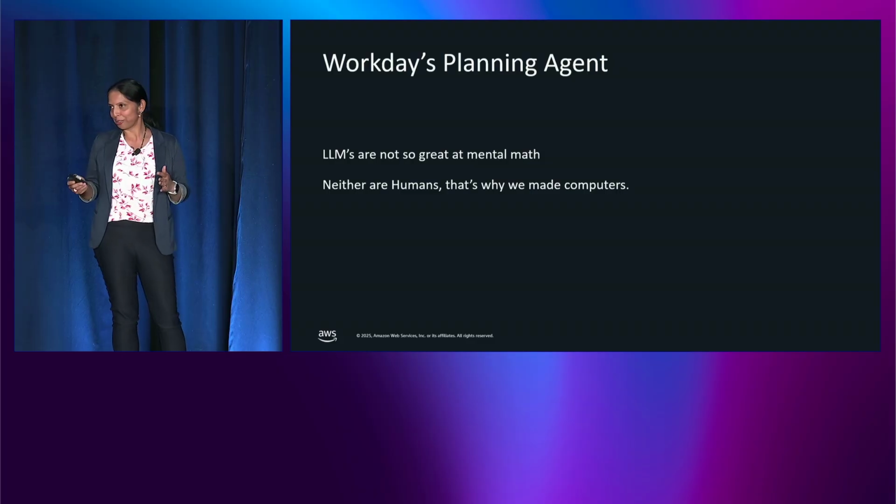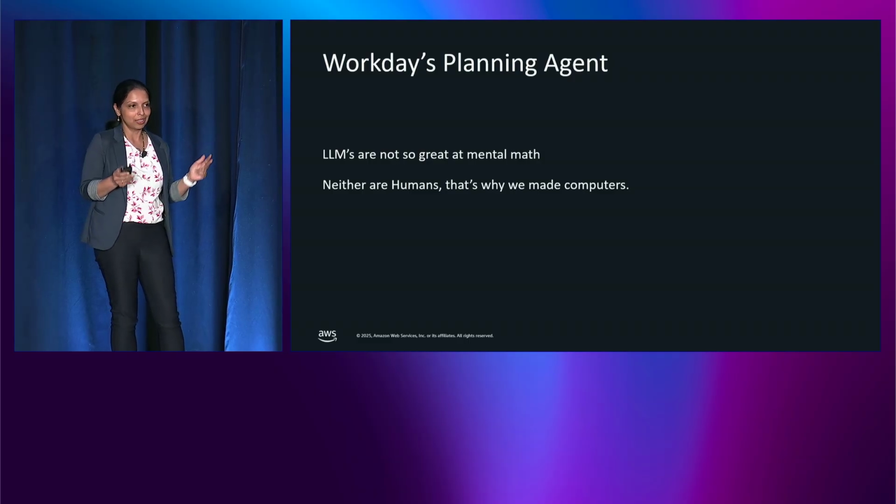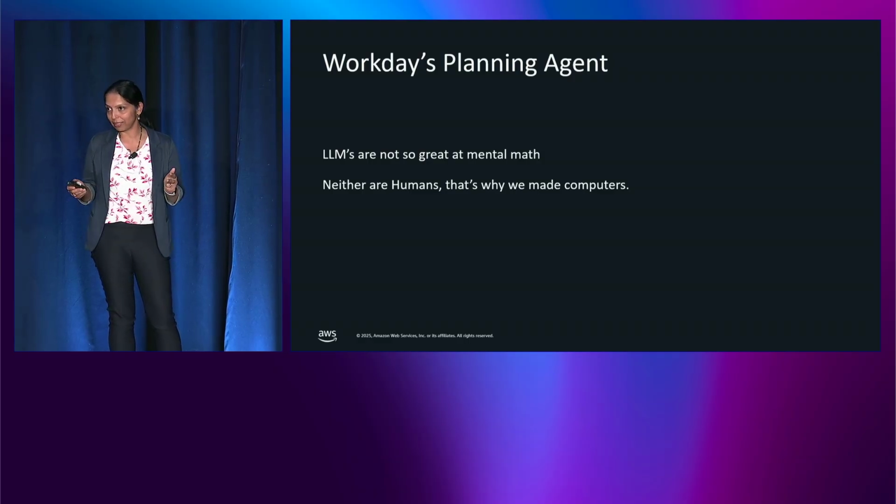And of course, this was not a perfect solution again, because 1 is it introduced latency. 2, we did solve for the token limits, but the solution is still expensive. And 3, we have still not solved for accuracy. Why? Because at the heart of it, LLMs aren't great at math.